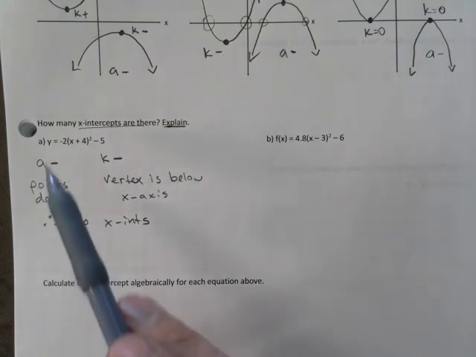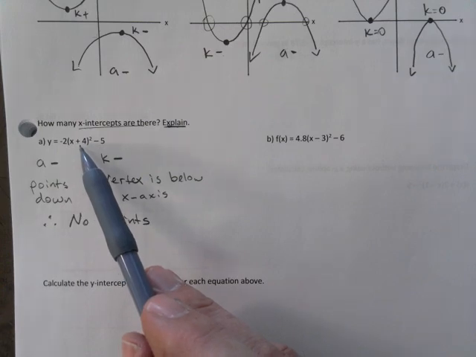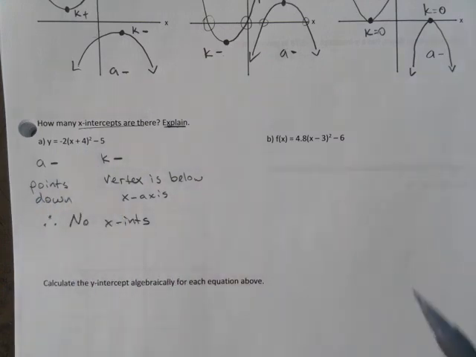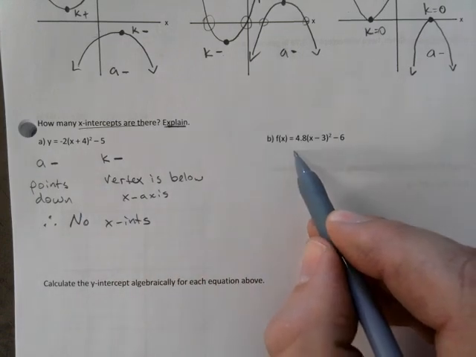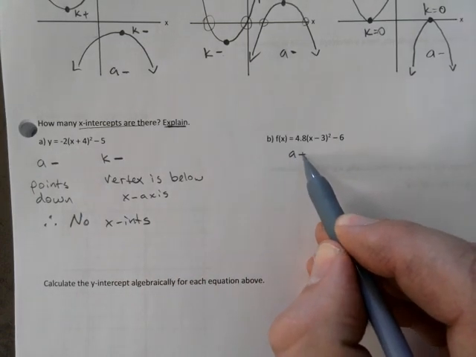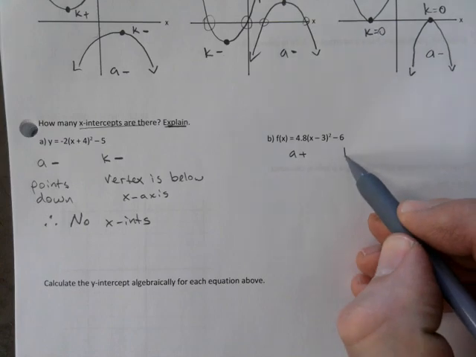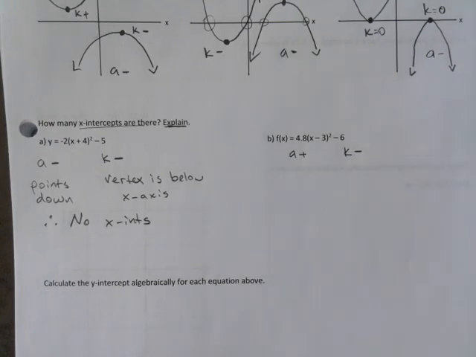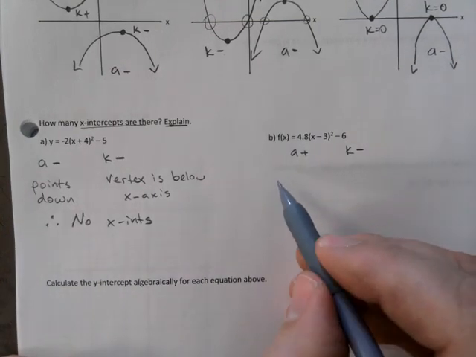First of all, you should have recognized this isn't vertex form. Don't be doing this when it's in general form. You can't do that, right? Over here, A is positive, K is negative. This is my way of explaining it, right? Like I'm trying to make it very simple, like you should be able to just know by looking at it.